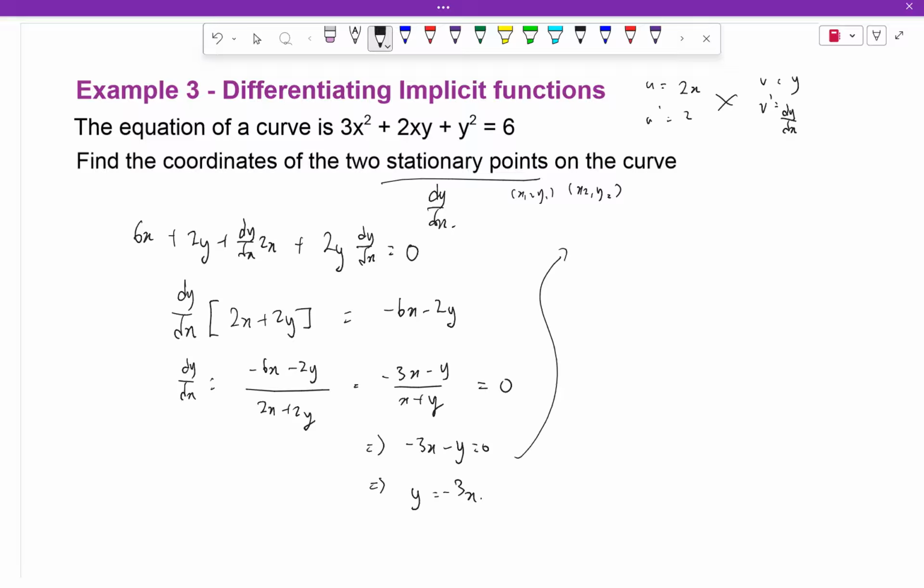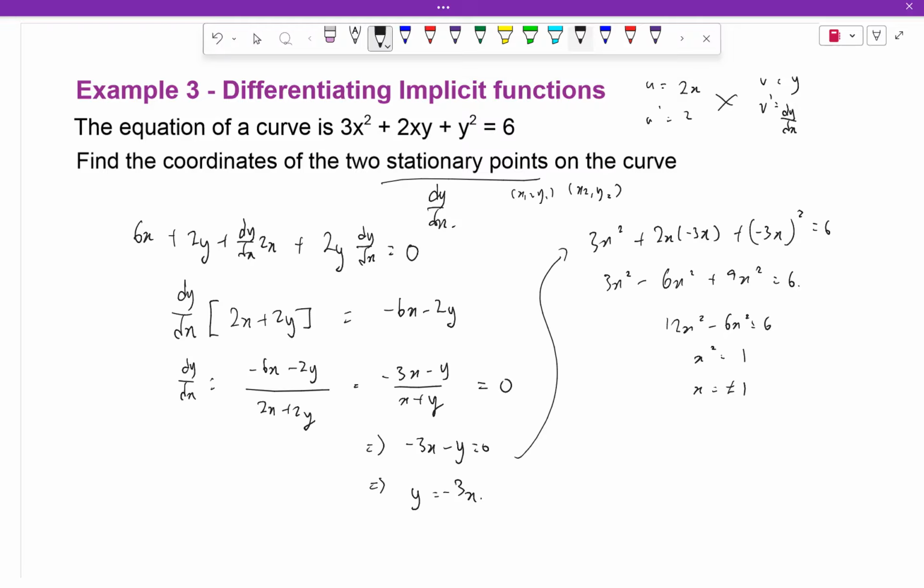In this case, 3x squared plus 2x times -3x plus -3x squared equals 6. So 3x squared minus 6x squared plus 9x squared equals 6. Hence 6x squared equals 6, so dividing both sides by 6, x squared equals 1, so x equals plus and minus 1.